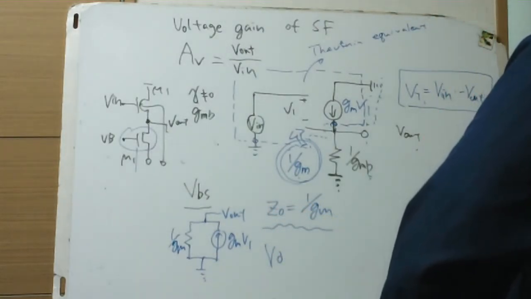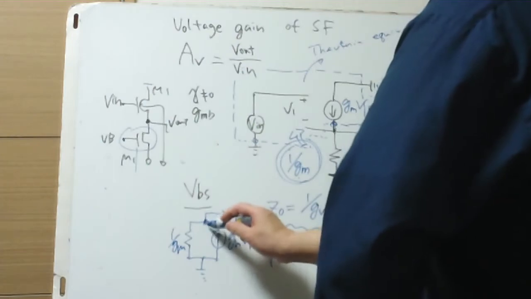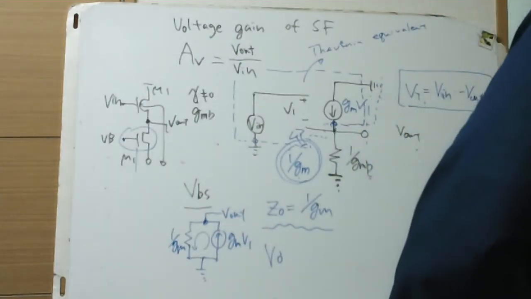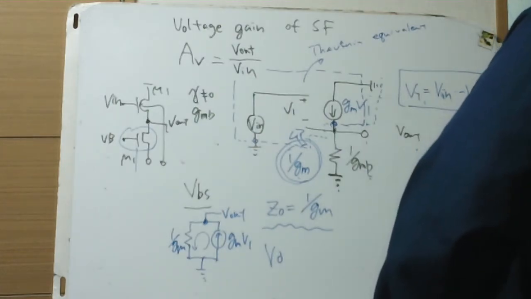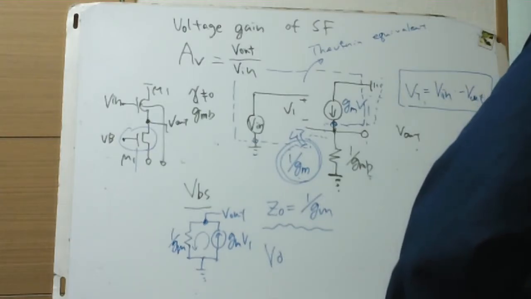So looking at the voltage from V out, it loops to making some kind of V1, which is wrong. Also, this is not an equivalence of this.